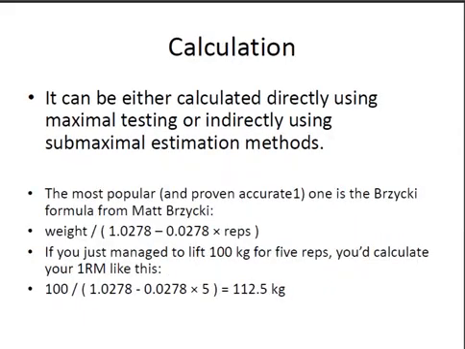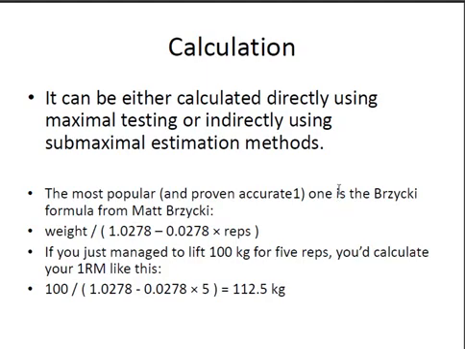Now, how can we calculate this repetition maximum? It can be either calculated directly using maximal testing, for example the hit and trial method. The patient comes and you tell him to lift the load. The amount of load he is able to lift 10 times maximally, you will take as 10 repetition maximum.